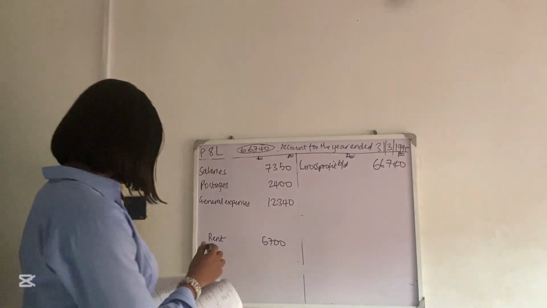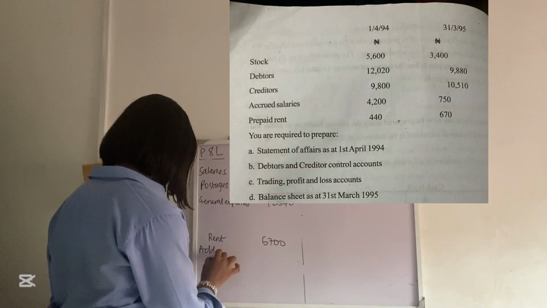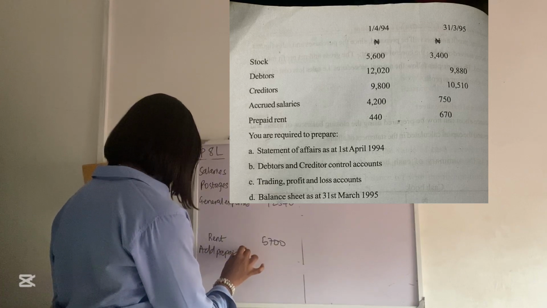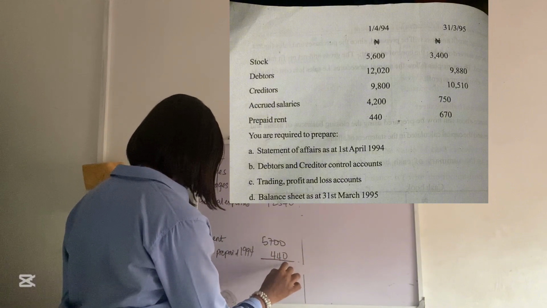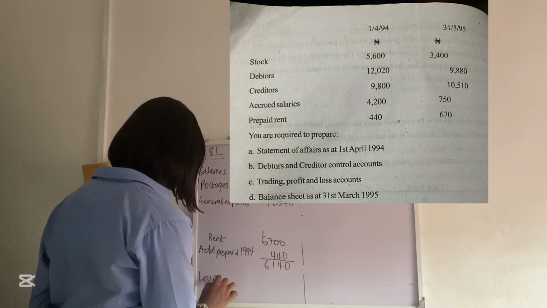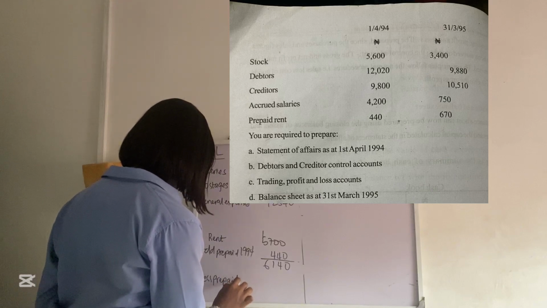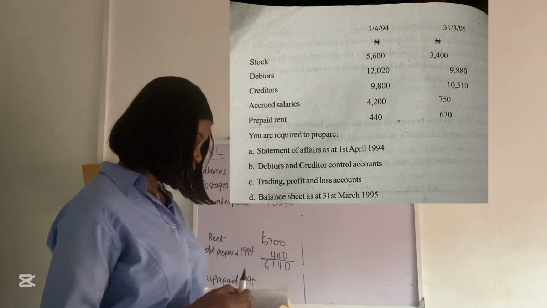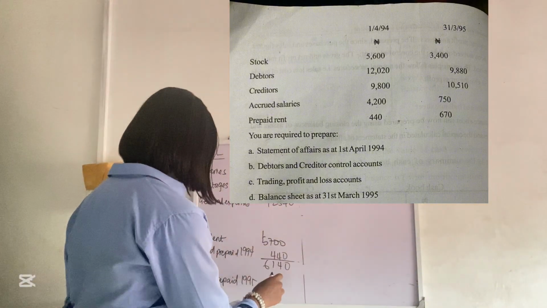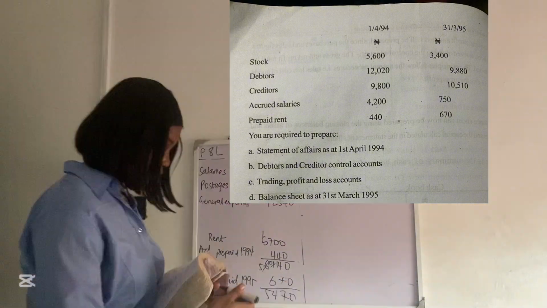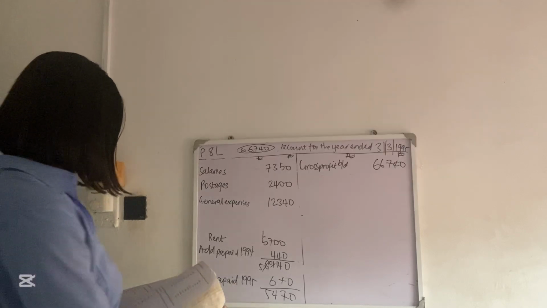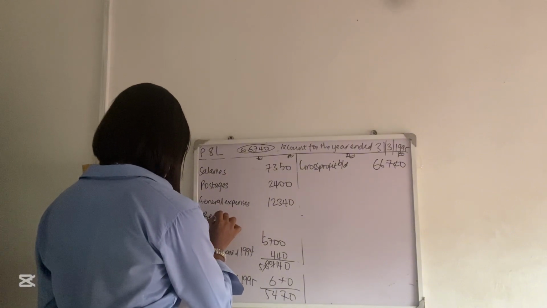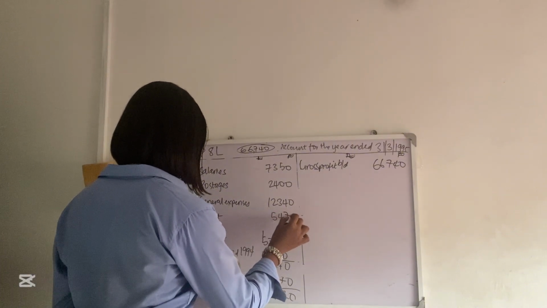Add prepaid of last year, prepaid of 1994, that's 440. Less prepaid of this year, prepaid of 1995, that's 670. That would be our figure for rent, 5,470. So now we've gotten it.